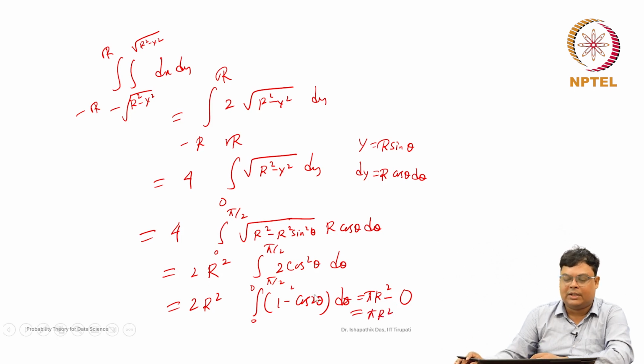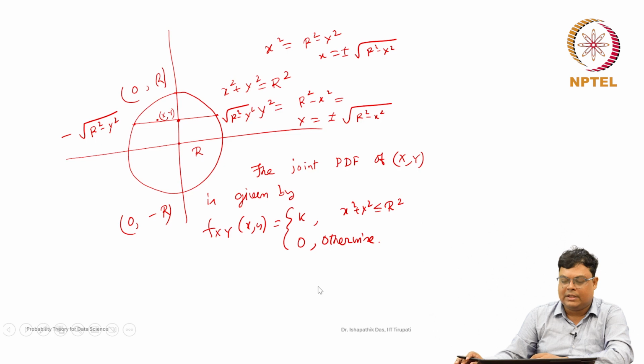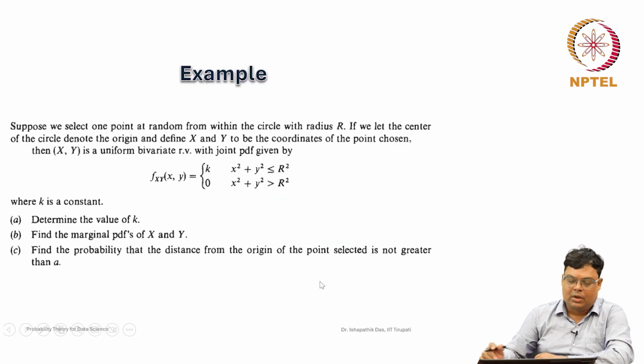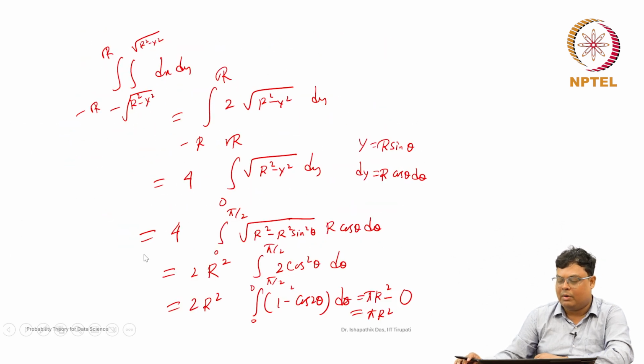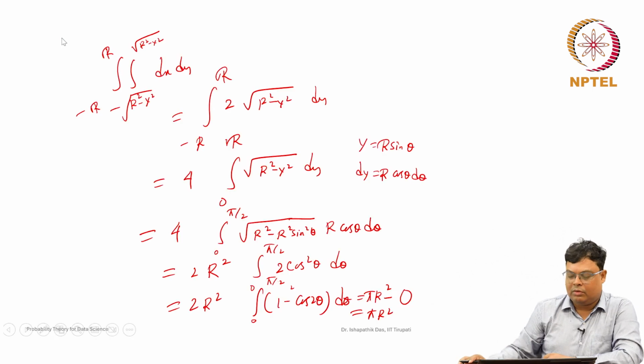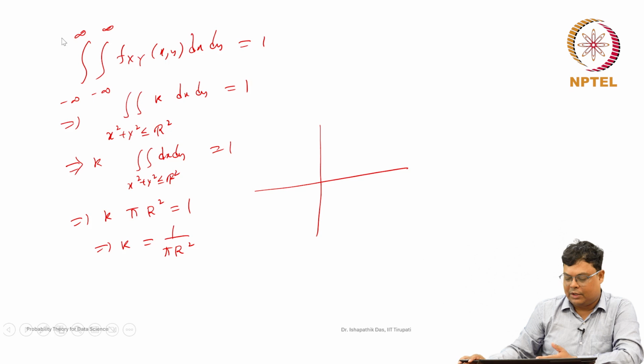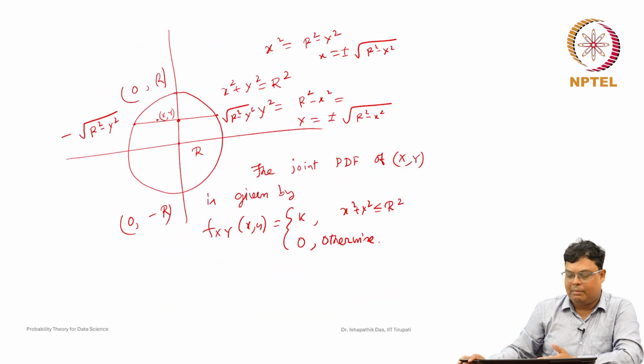Why did we do this integration? Because we need it for the next problem: find the marginal probability density function of x and y. So how will we find the marginal probability density function? Note that this is the area of the circle, pi r square, that we found. So k becomes pi r square.